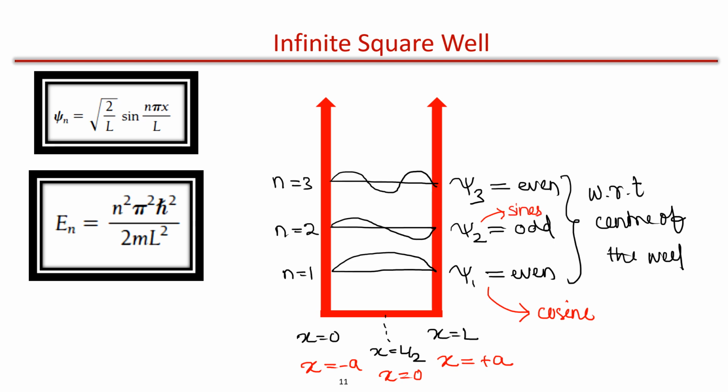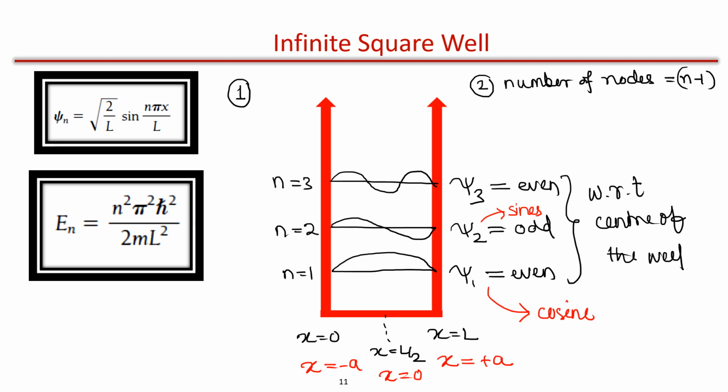This is very important. Now we have discussed even and odd functions. Next, we have discussed the number of nodes, which is equal to n minus 1.